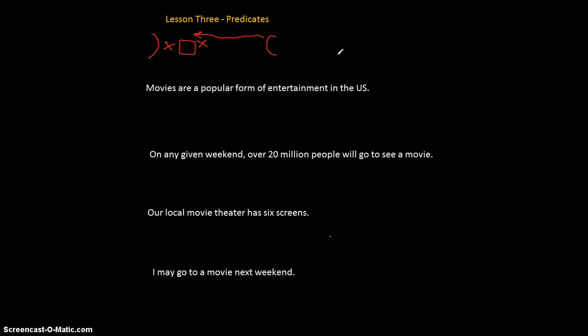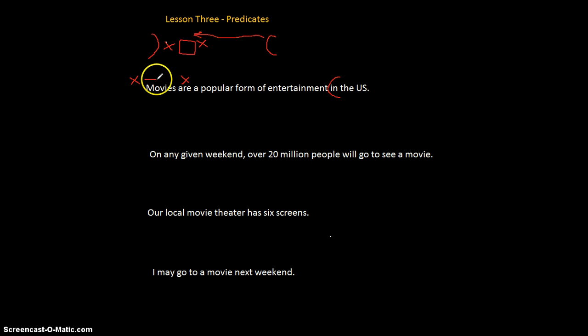So sentence number 1, movies are a popular form of entertainment in the U.S. Are there any shifters? The answer is yes. In the U.S. is a shifter. I use parentheses to push the shifter away from this part of the sentence. Now I see, here's my X word, are. To make a question, I ask, are movies?